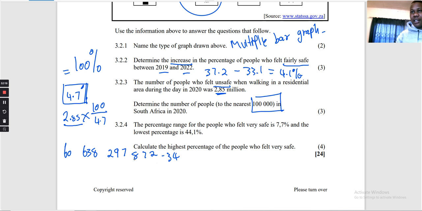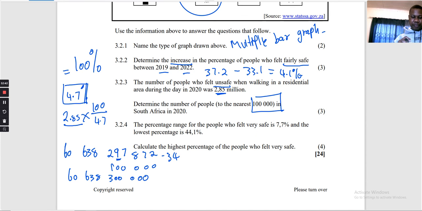I think 100,000 is here. So we need to round this off to the nearest 100,000. So we can say this is 60,600,000, because the next digit is 3, so we round it to 60,600,000.